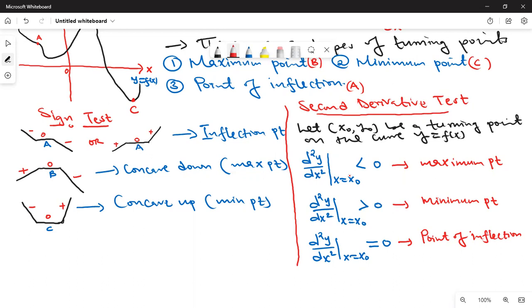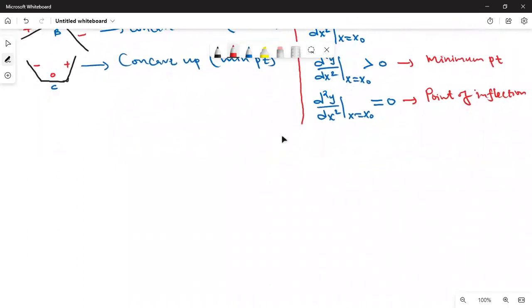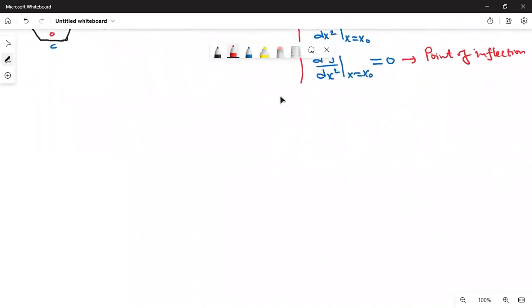So let's look at an example of how to find and classify all the turning points on any given curve. Examples.